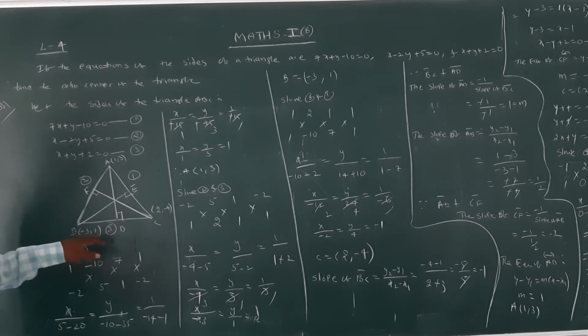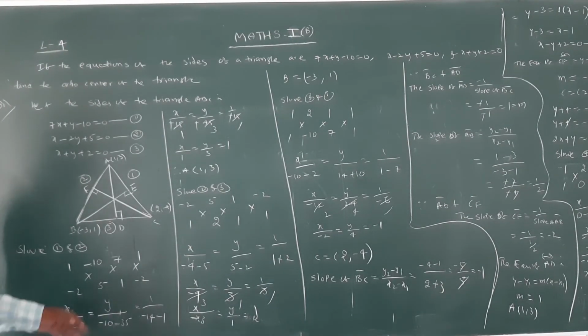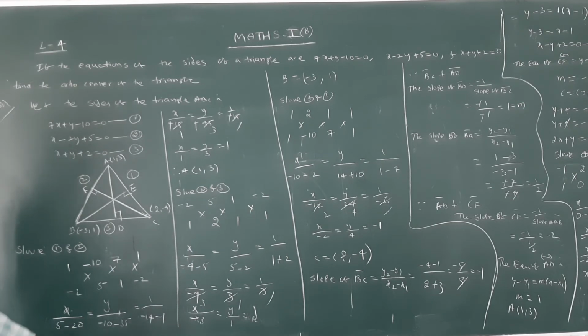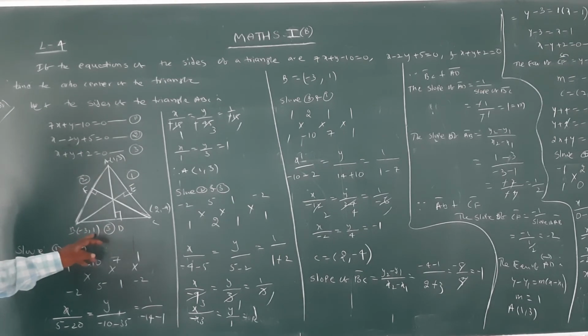The altitude AD is always perpendicular to BC. What is the altitude? The perpendicular from a vertex to the opposite side is called the altitude. AD is perpendicular to BC.